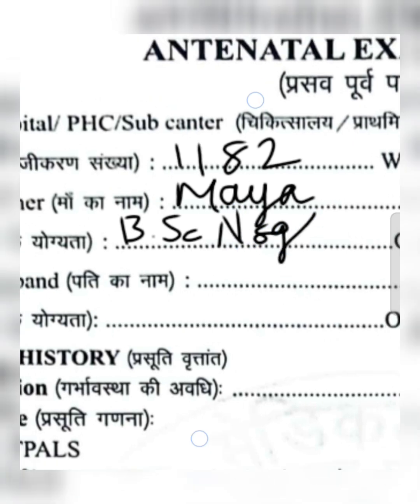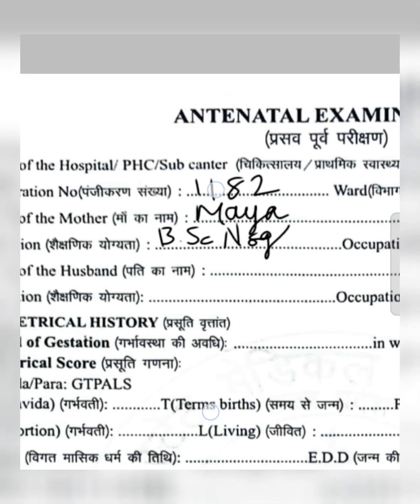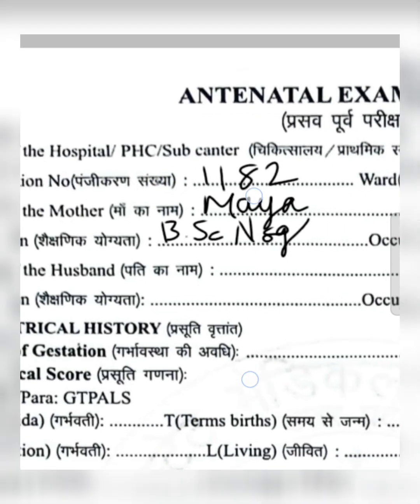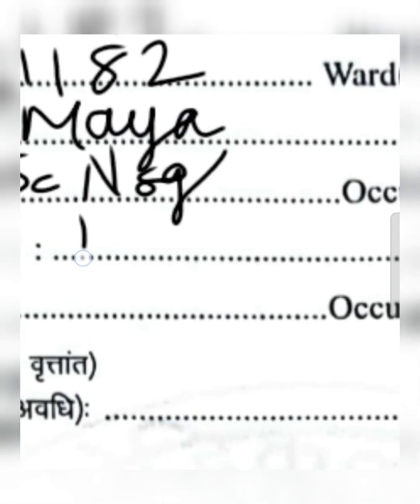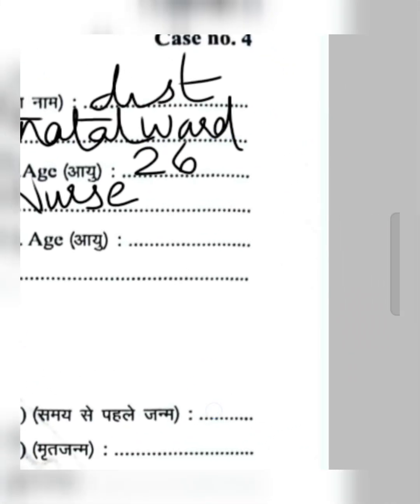And her occupation is nurse. She is doing nursing job in a hospital. Name of her husband is, I am going to give Biju, and he is having 30 years of age. Let us write it here, 30 years of age, 30.